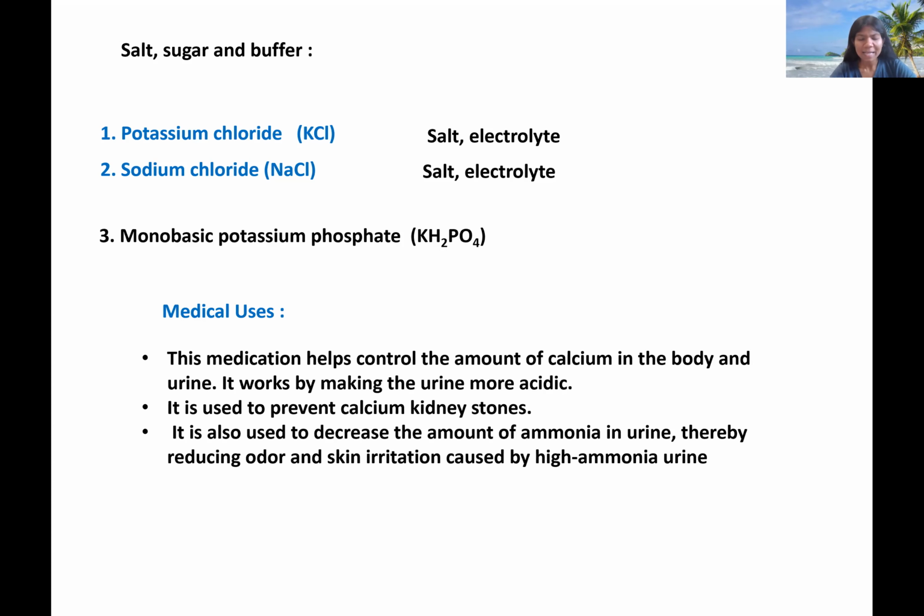It mainly helps to control the calcium within the human body, and it works by making the urine more acidic. It is used to prevent kidney stones. It is also used to decrease the amount of ammonia in urine. So this is mainly used to treat our kidney problems.